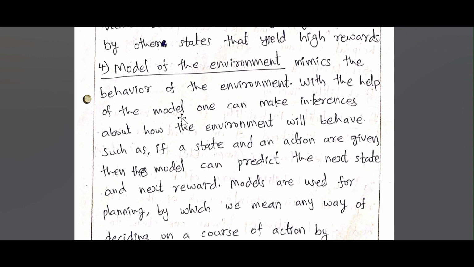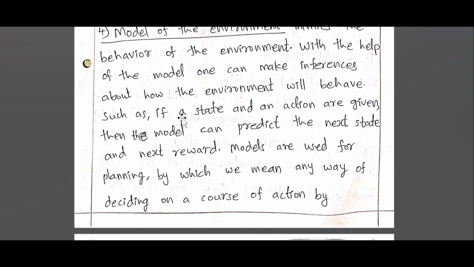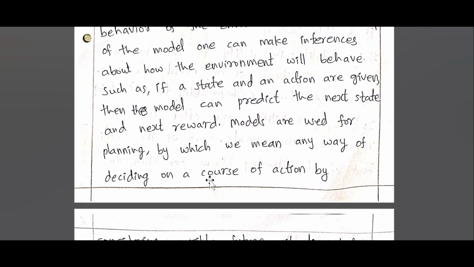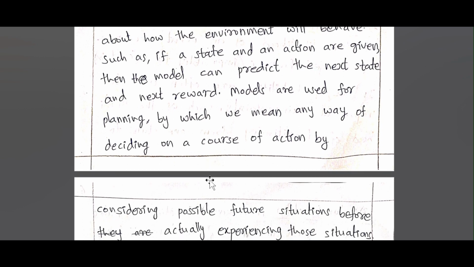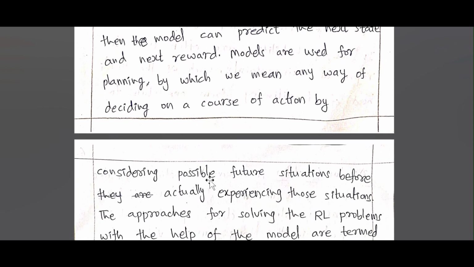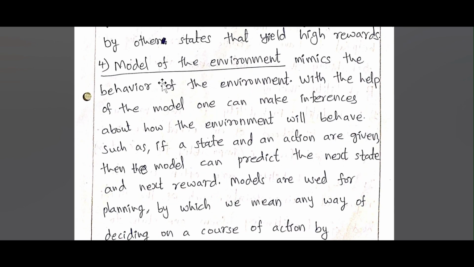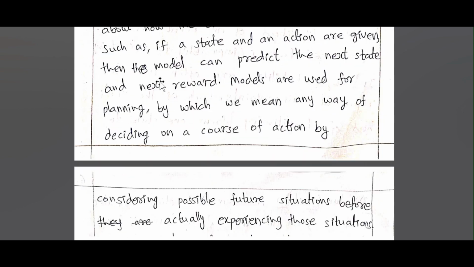It trains in that model and predicts the next state and next reward. If the agent has a model of the environment, it can easily predict the next state and the next reward. Models are used for planning, which means deciding on a course of action by considering possible future situations. So the model is mainly used for training the agent and also for predicting the next state and next reward.